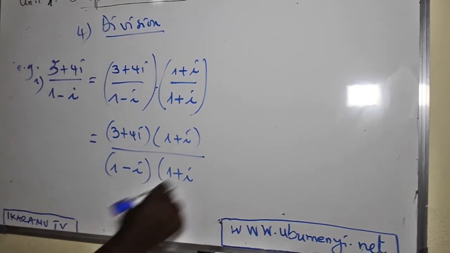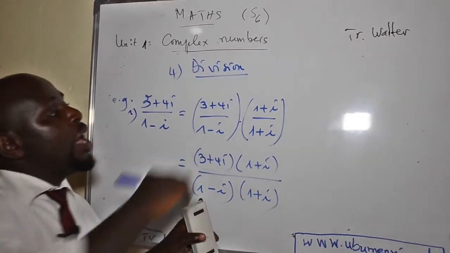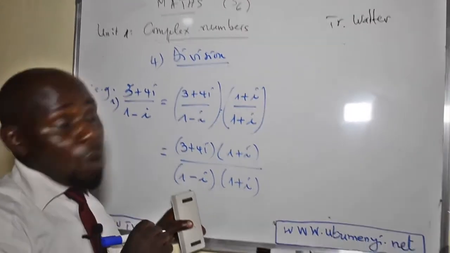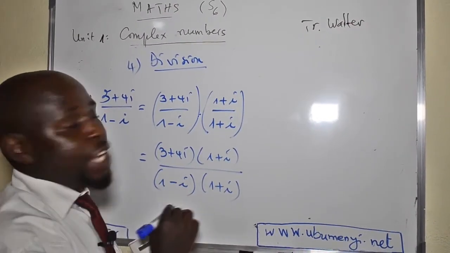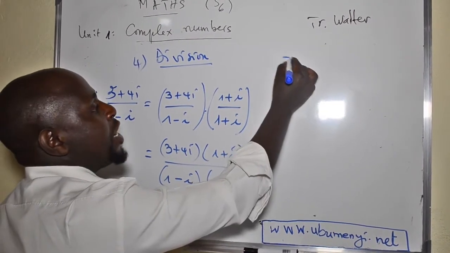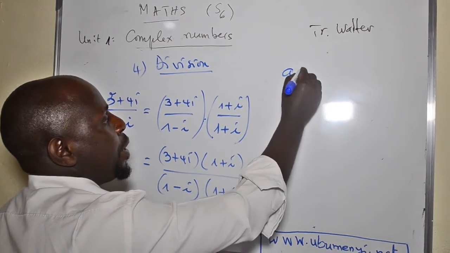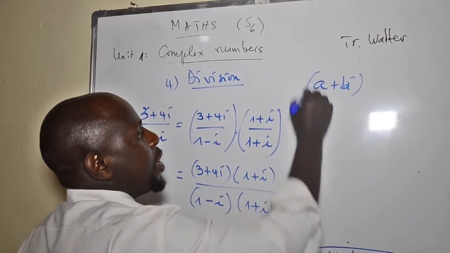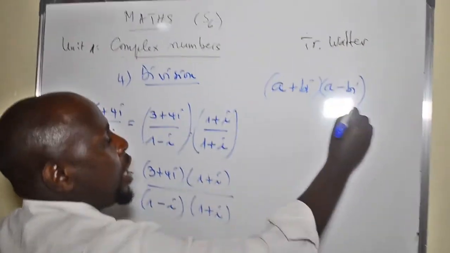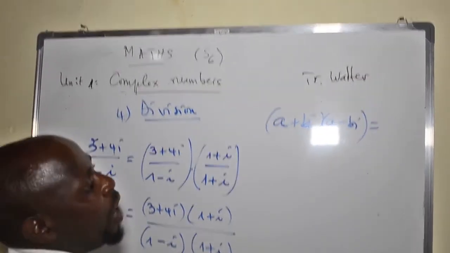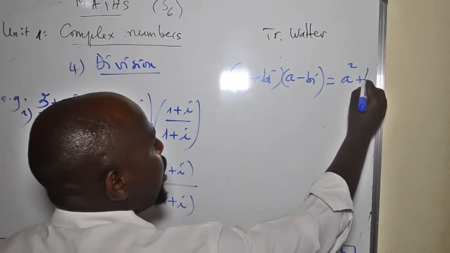Here I have to remind you of one thing, students, which will help you make these things very easy. There is a property of the conjugate which says that when you take the complex number a plus bi times its conjugate, which is a minus bi, you immediately find that it is a squared plus b squared.